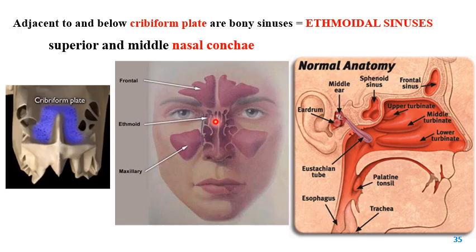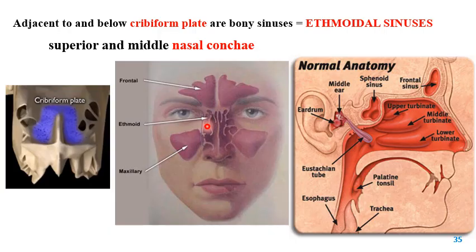Or in Portuguese, conchas. So in these ethmoid sinuses, actually ethmoidal sinuses, you're going to find all these protuberances. They're called nasal concha. And a main function for that is to increase the surface area of this cavity.